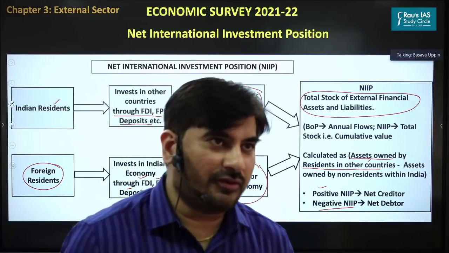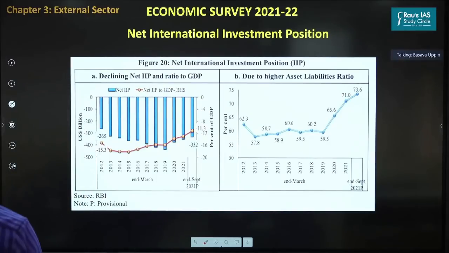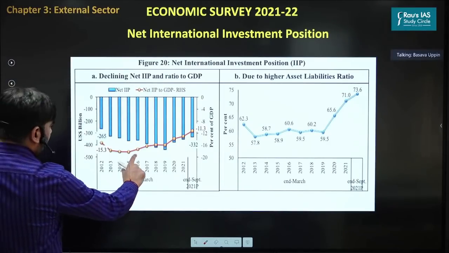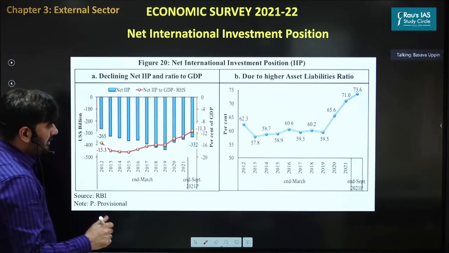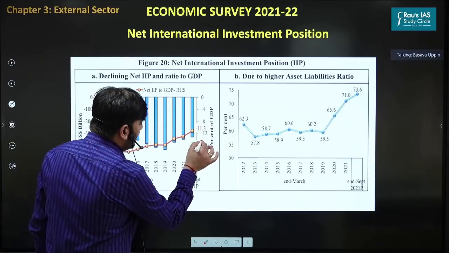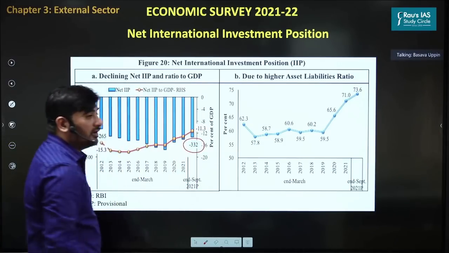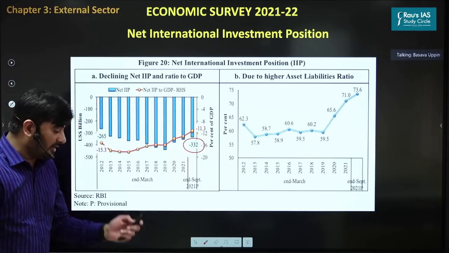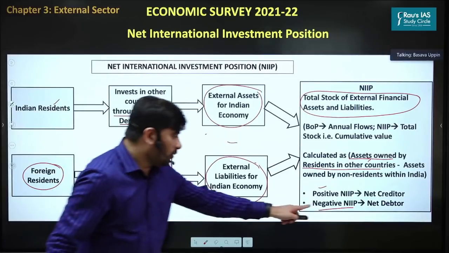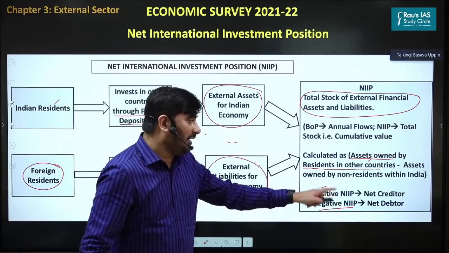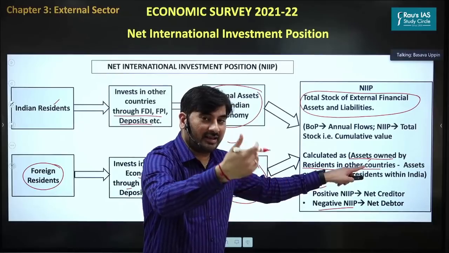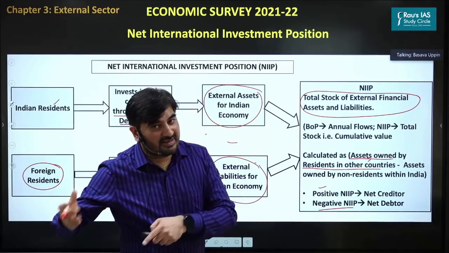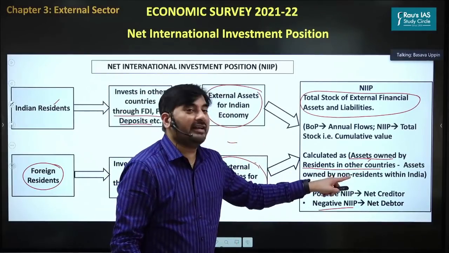So now, if you see about NIIP, I hope you are able to see this trend, right? So right now, India's NIIP is around minus $332 billion. Minus, it is negative. So when I say negative, what does this mean? It means that we as Indians own fewer assets in other countries in comparison to the assets owned by foreign residents in India.